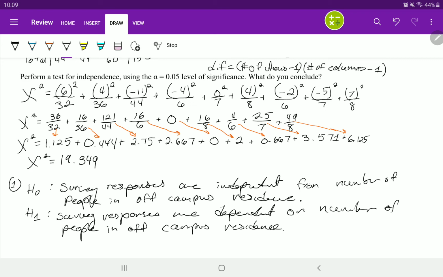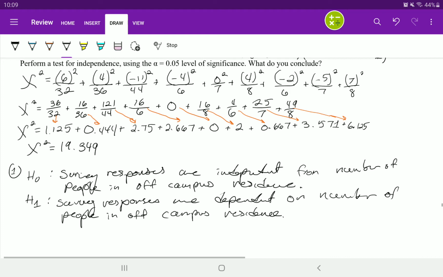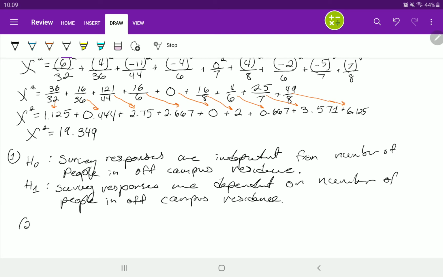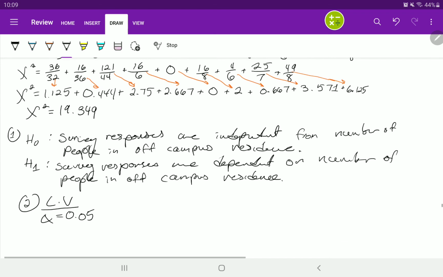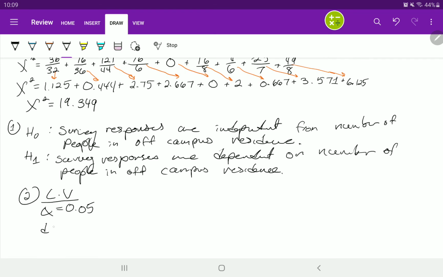Okay. Step number 2 is we want to find the critical values. We already know this is a chi-square test for independence. The alpha level in this case is 0.05. And we need to find our degrees of freedom before we find our critical values.